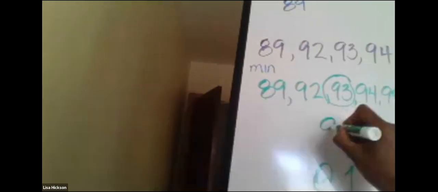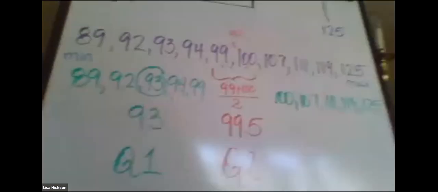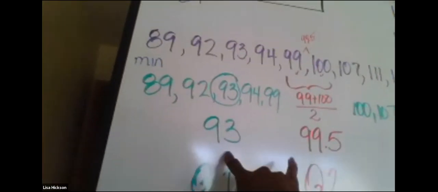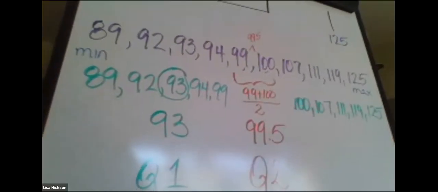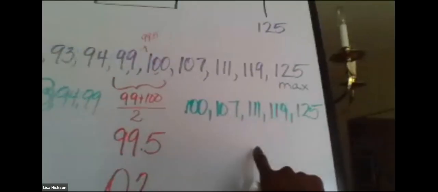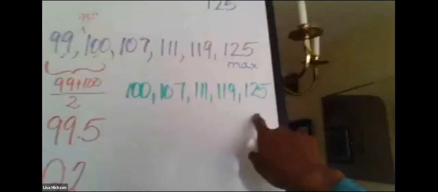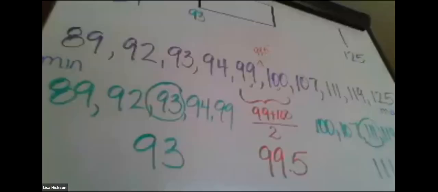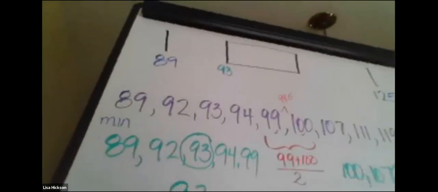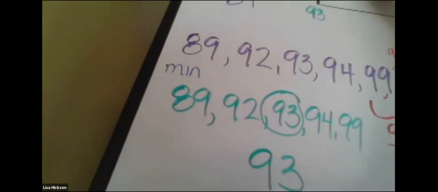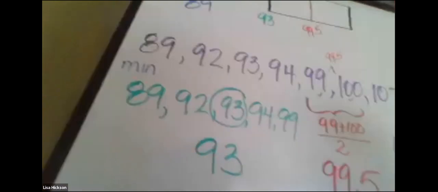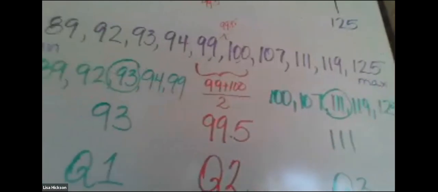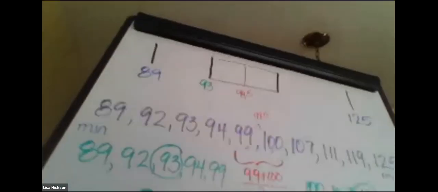So that's the 3rd term for our box plot. And now let's look to the upper portion of the data. The middle of the upper portion of our data is 111.